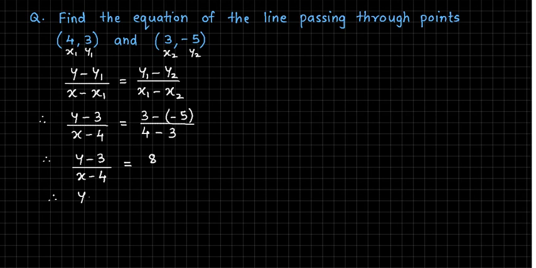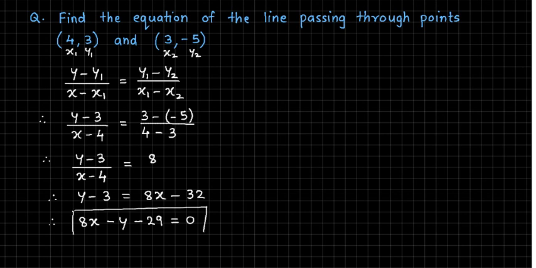So we have y minus 3 is equal to 8x minus 32. So bringing all terms on one side, 8x minus y minus 29 is equal to 0. Right? We bring y and minus 3 on the right hand side so that we can have an entire expression on one side and 0 on the other side. So that's the equation of the required line, right?